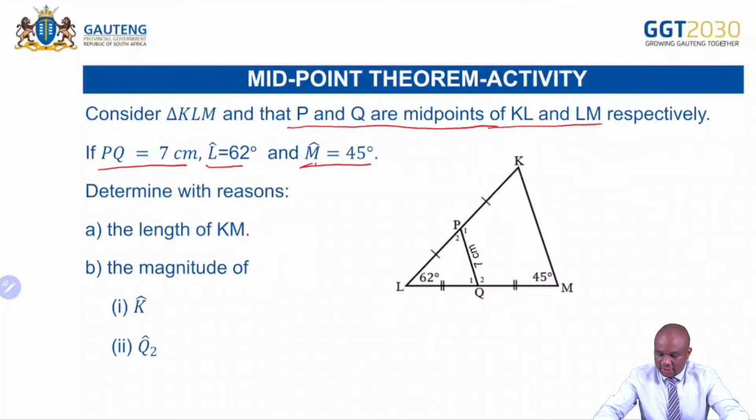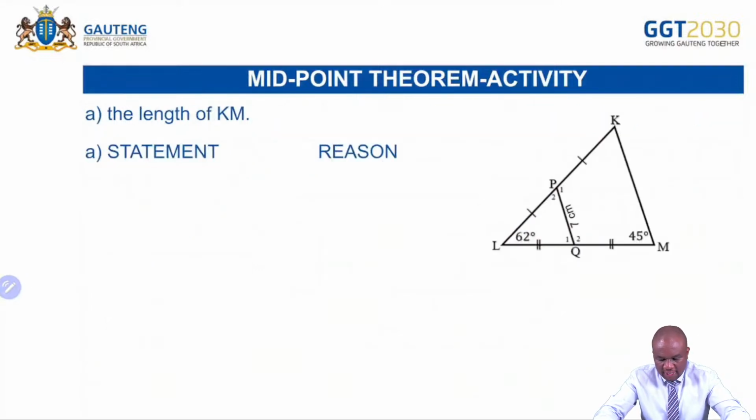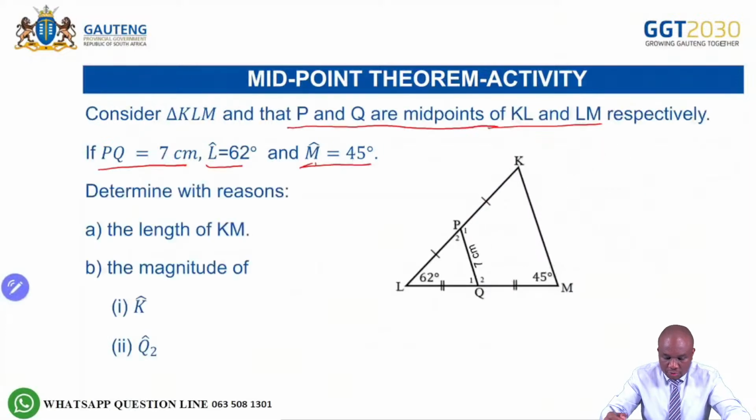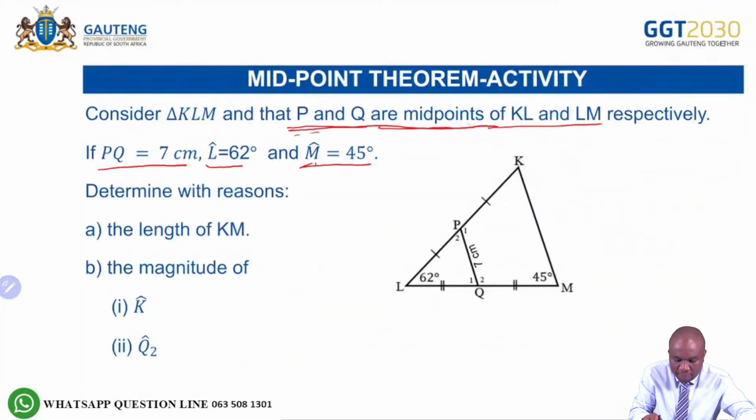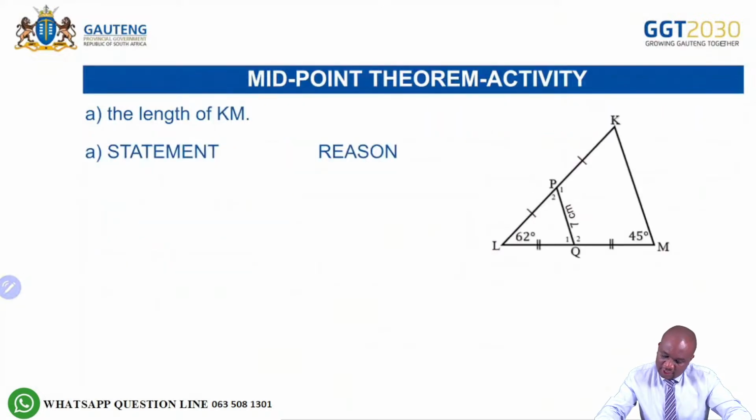Right, welcome back, class. Let's mark our work. What is the length of KM? Remember, we're told that P and Q are midpoints, meaning that PQ is parallel to KM.